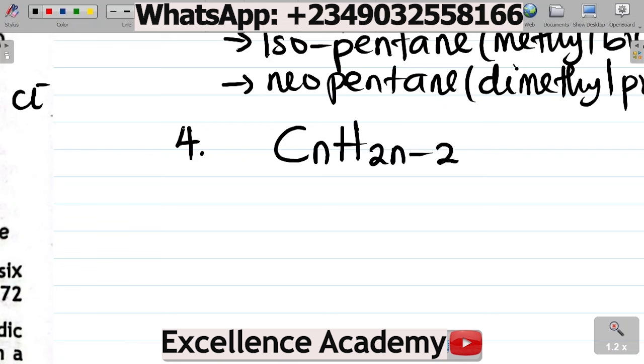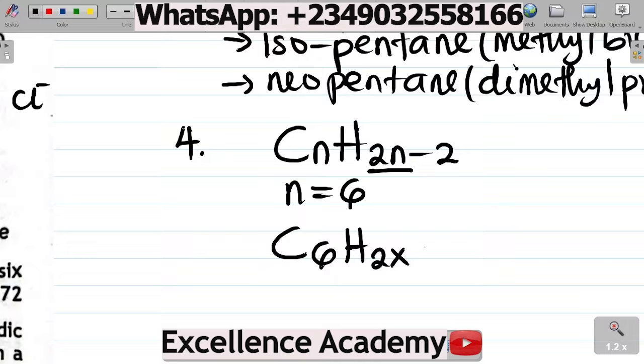Now, when they said an alkyne with 6 carbons, it means that n is equal to 6. Let's put n as 6 into this equation. You have Cn, that's C6. H into 2n means 2 times 6. Then, of course, minus 2.